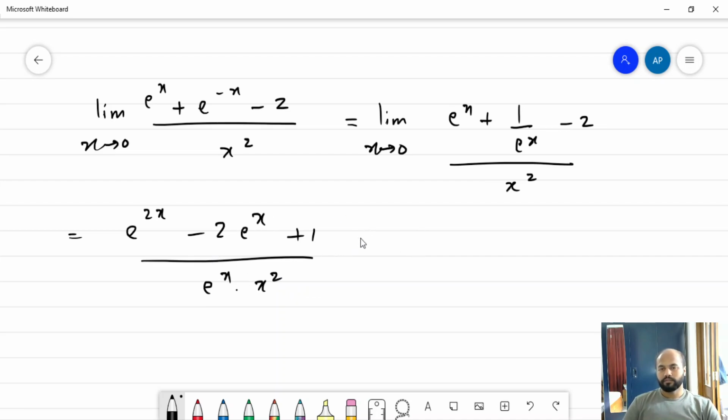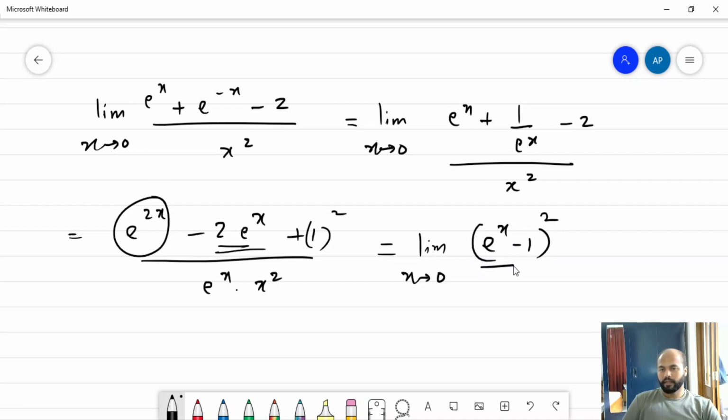Now further, you can clearly see that this is a square term. This can also be written as a square, and this is the middle term. So we can of course write this as limit x tending to 0, e raised to x minus 1 the whole square divided by e raised to x into x squared.